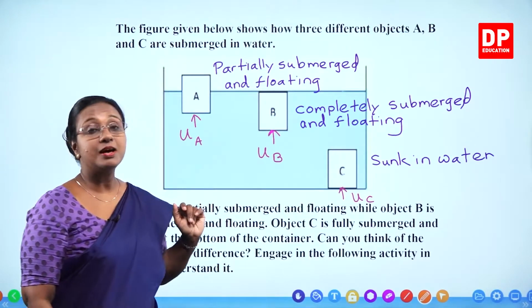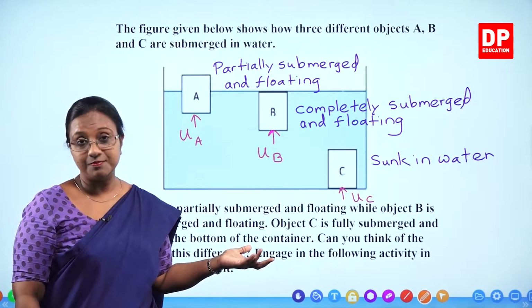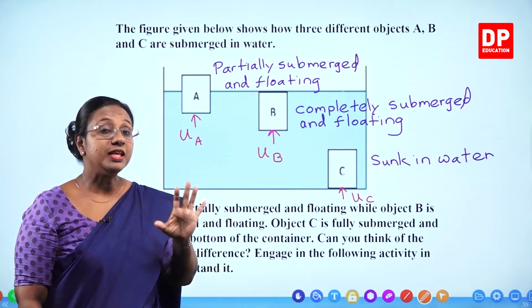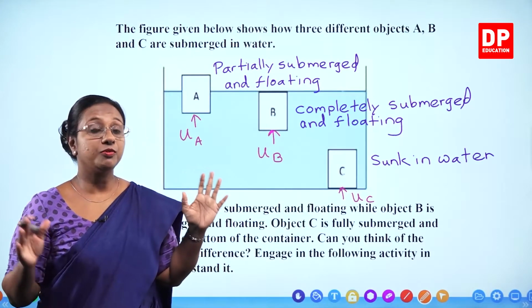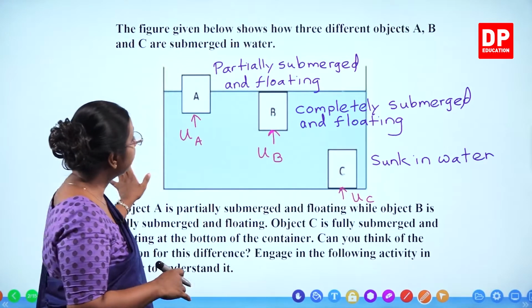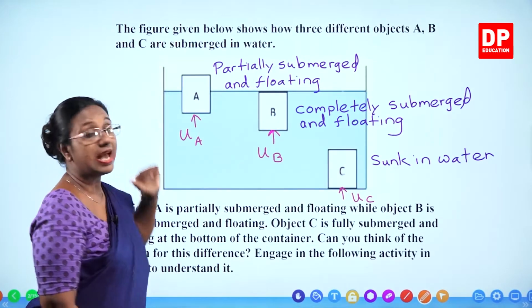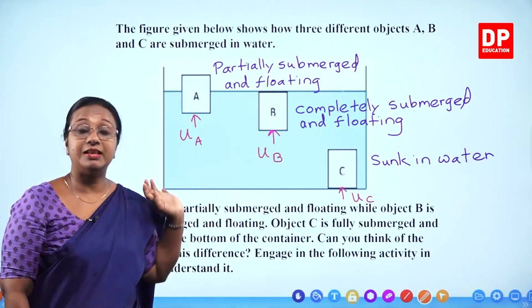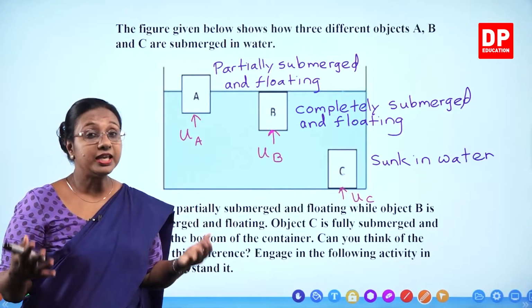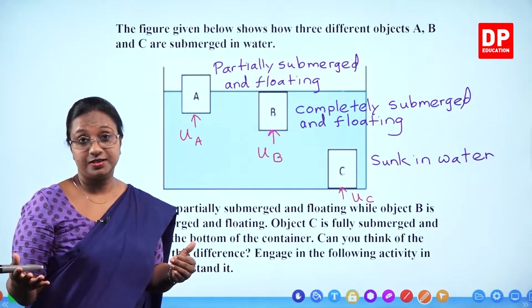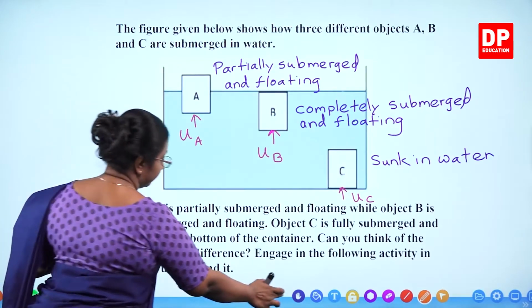Completely submerged and floating also, same thing. But if it is not in equilibrium, of course, then there is a difference. We will try to understand the relationship between upthrust and the weight in all three instances, whether they are equal or different.